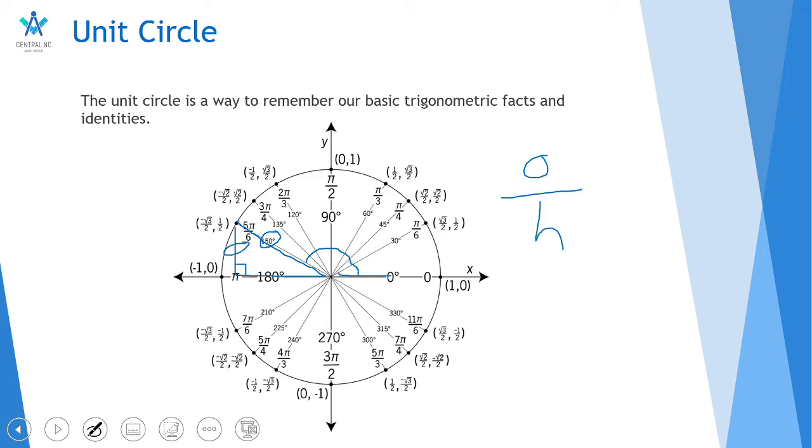That is actually the y coordinate of this point right here. So it is the opposite of 1/2. And then the unit circle uses the assumption that the radius of this entire circle is 1. So we know that the hypotenuse, which is the radius of the circle, is 1. So we can say that sine 150 is equal to 1/2.